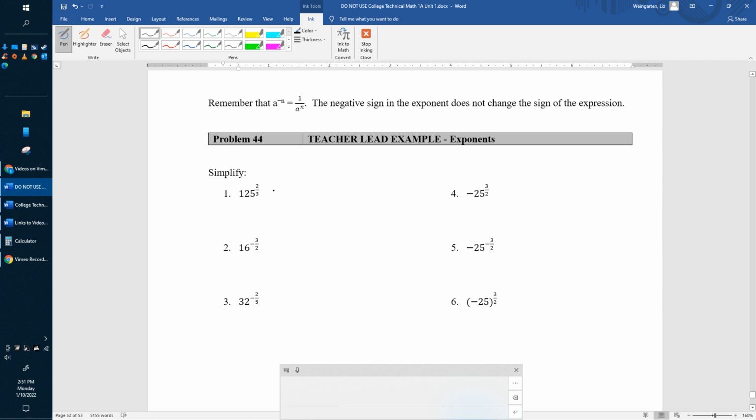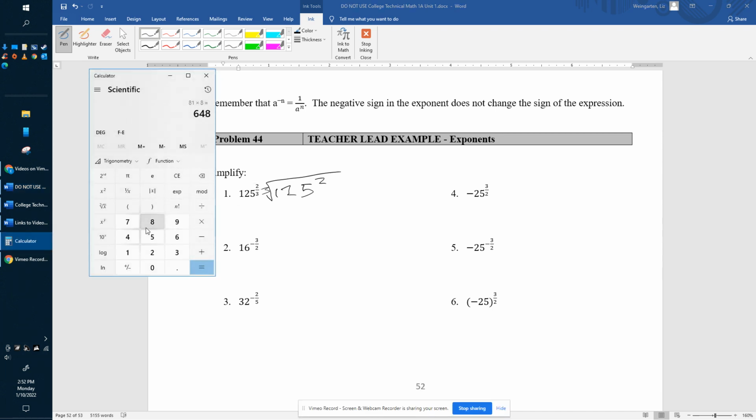So 125 to the 2/3. So we are going to be taking 125, we're squaring it, and then we're taking the cubed root. Let's see what happens when we do that. I just want to see if this can be simplified.